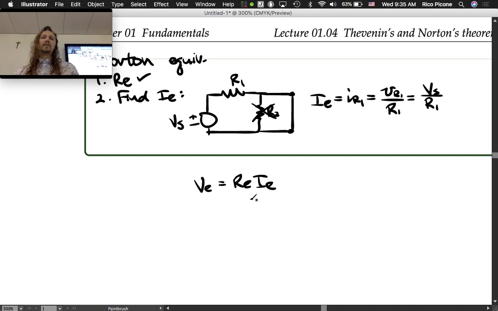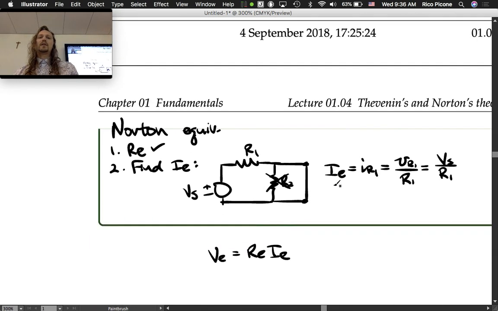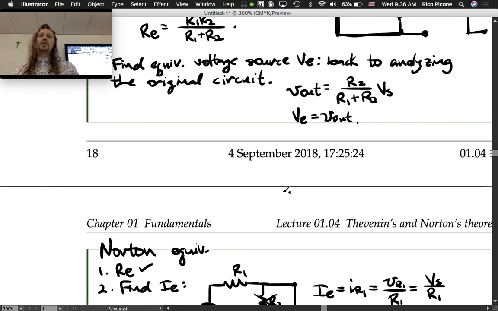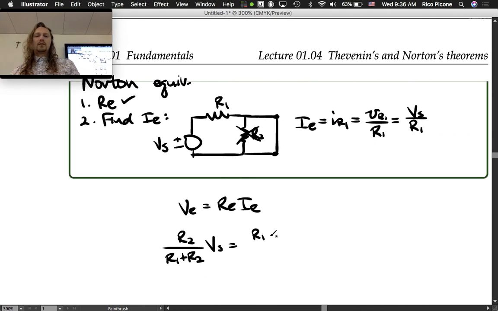So let's plug in our VE on the left-hand side. Our VE was R2 over R1 plus R2 times VS. And that should be equal to RE, which is R1 R2 divided by R1 plus R2, times IE, which is VS over R1.